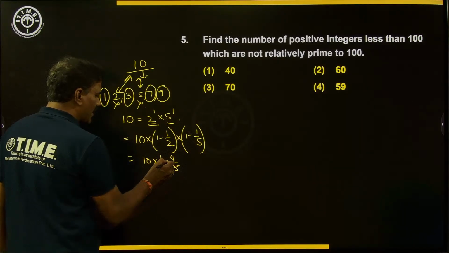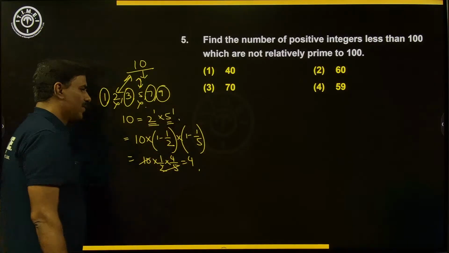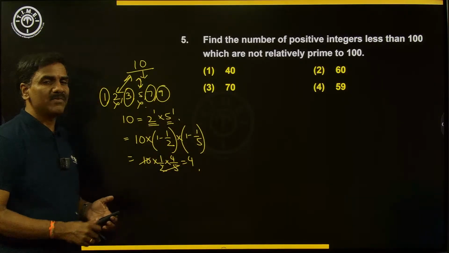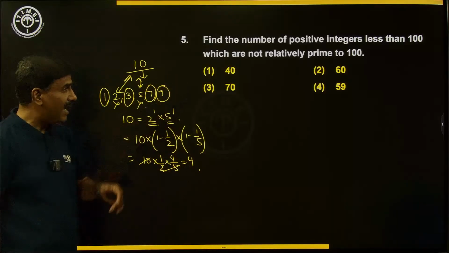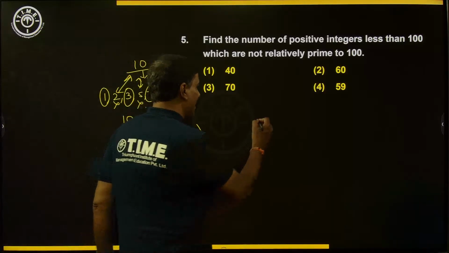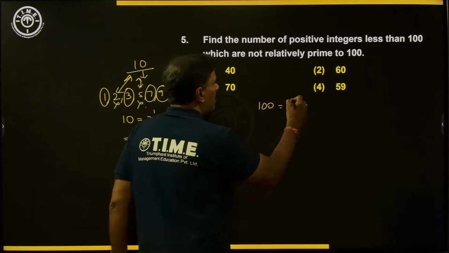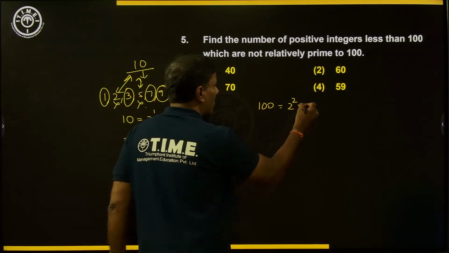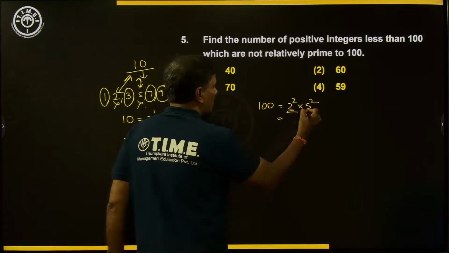2 fives are 10, so 10 can be cancelled with 10. What is the answer we have? 4. So these are the co-primes. The numbers co-prime with 10 and less than 10 are 4. In the same way, 100 is 4 into 25, that is 2 square into 5 square. These are the prime factors.